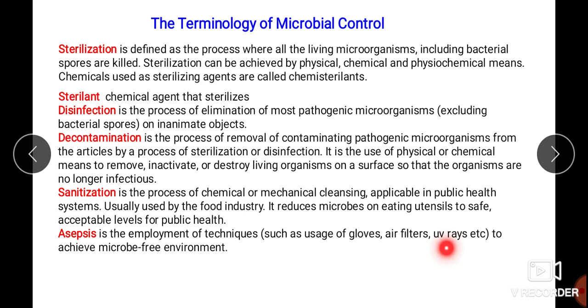The use of UV rays can be applicable in a laminar airflow where there is maintenance of strict aseptic conditions. Also, during microbial techniques, there is use of aseptic conditions for inoculation of organisms onto a culture media, where there is use of a microbe-free environment.